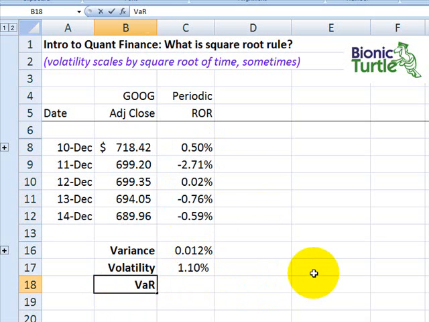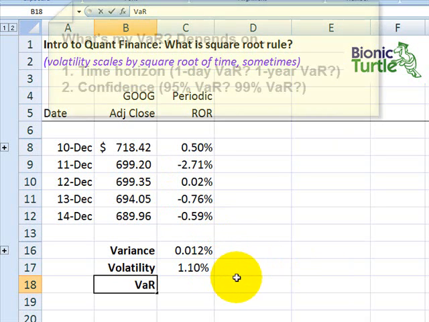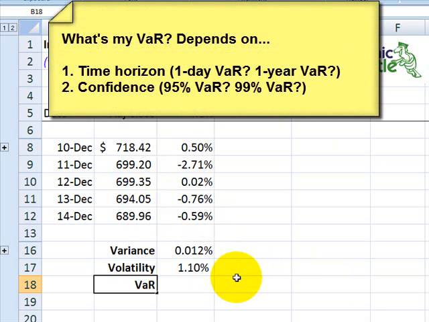Hopefully you recall that when I say value at risk, I need to make 2 decisions as a user, because I can't just say what's Google's value at risk based on any of this. First, time horizon, and I'm going to stick with a 1-day value at risk, and second, I need a confidence. So I'm going to say 95% confidence.